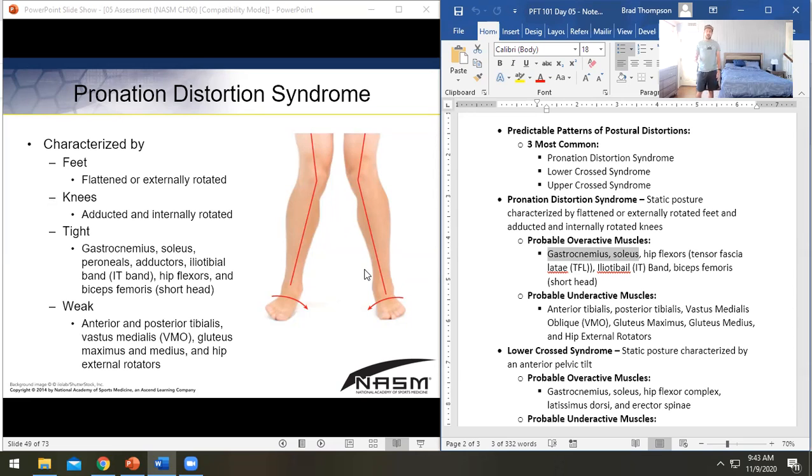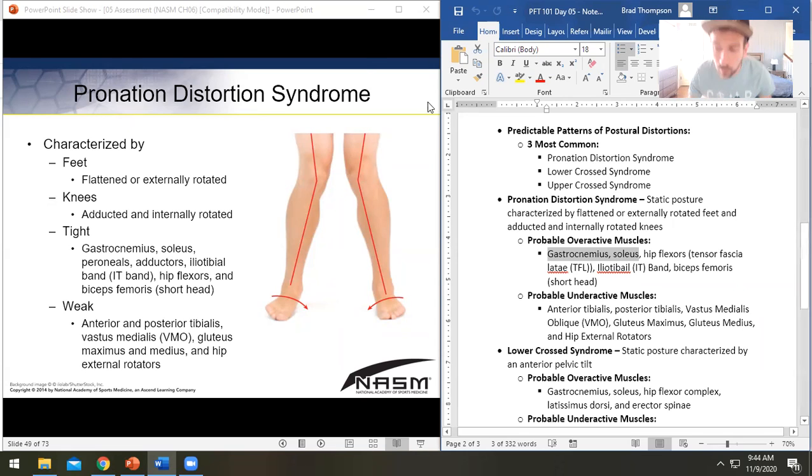So those are the muscles that are overactive, which means when I have this posture, my body just wants to walk around like this all day, up on my toes. But that's not good. That's not how I'm designed to walk. So what I need to do is turn those overactive muscles off. I need to stretch that calf out, right? So that's one of the most common ones.